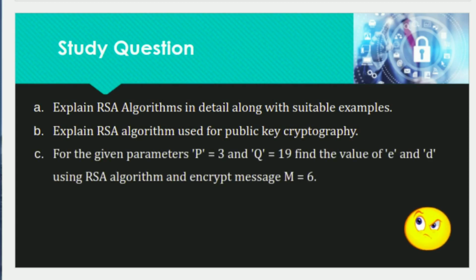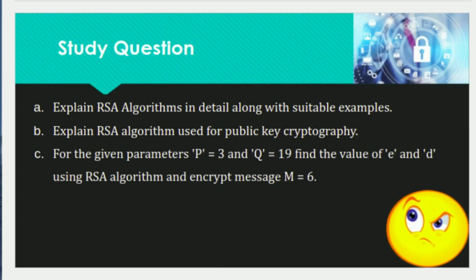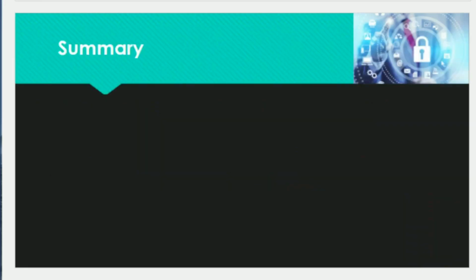Then one problem you have to solve: for the given parameters p equal to 3 and q equal to 19, find the value of E and D using the RSA algorithm, and the message for the encryption, that is m, is equal to 6. So solve these study questions.